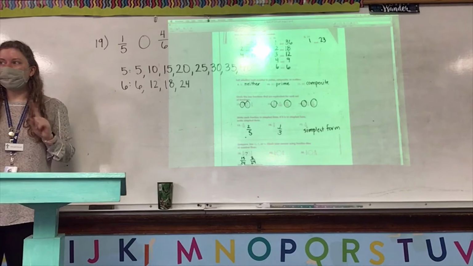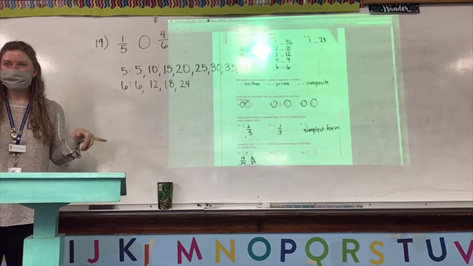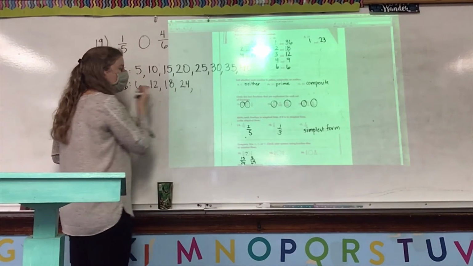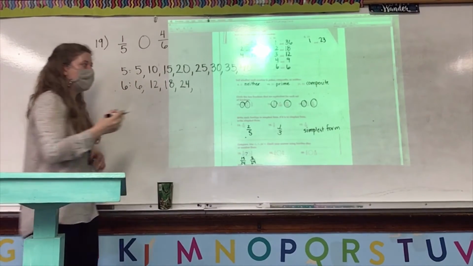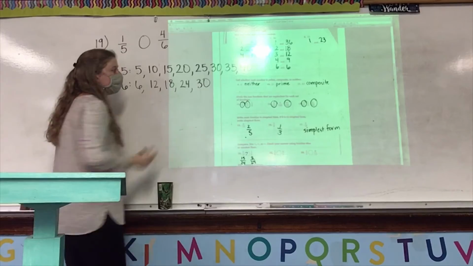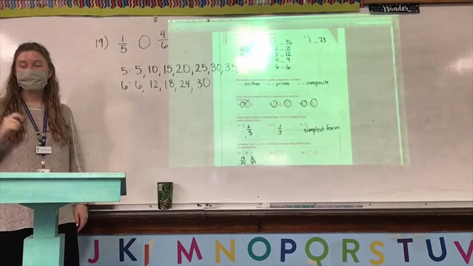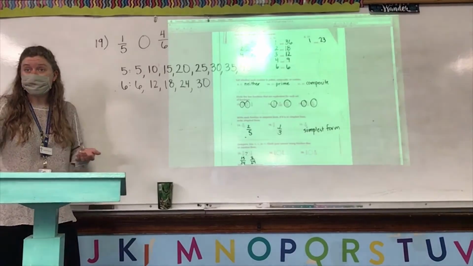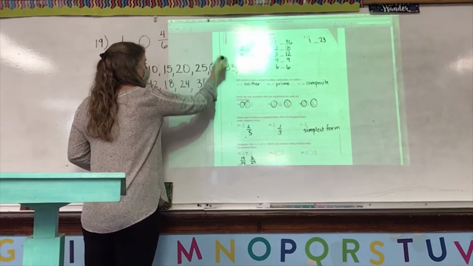But if I get to one before I list 4, let's just stop there. The next multiple of 6 is 30. Do I have to keep going? No. I found the least common multiple, which is 30.